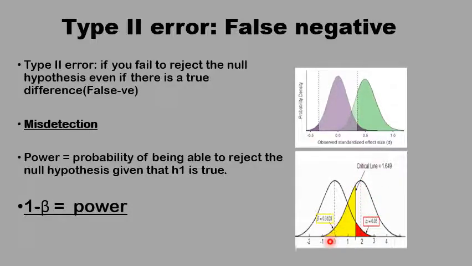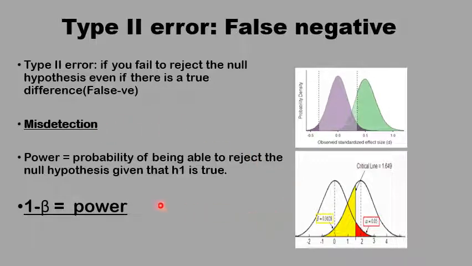The yellow triangle represents the type 2 error, which lies within the limits that we have set, but it actually belongs to the green distribution, the patients who do have a tumor. So although they do have a tumor, the results would not be significantly different from those who don't, and this would be a misdetection rather than a false alarm.